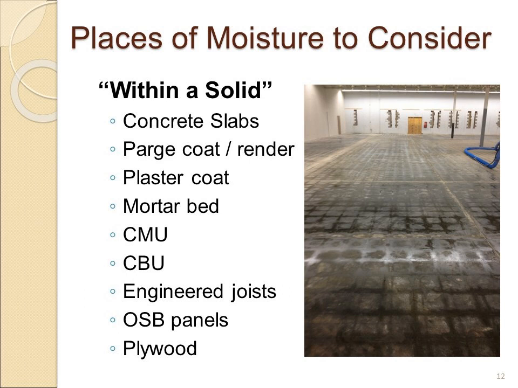If we look at the list of substrates that we are going to install our tile over, we consider that within a solid, we have a concrete slab, we have parge coats or renders, depending on what side of the country you are. You'll call them a parge coat or a render. Plaster coats, mortar beds, CMUs, or we think a block, or CBU, cement backer units.